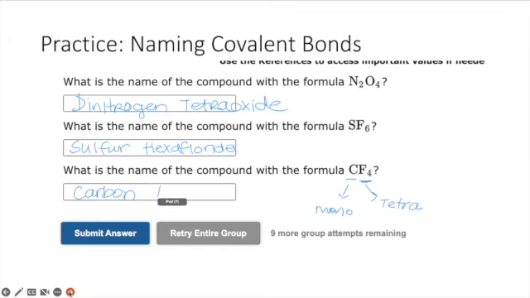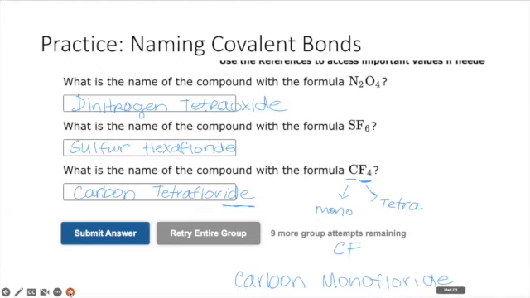And we have to make sure we say it here because it's on the second element. So tetrafluoride, because the ending always gets changed to "ide." Now, if this was just to be CF, we'd call it carbon monofluoride. So mono is only ever used as a prefix on the second atom.